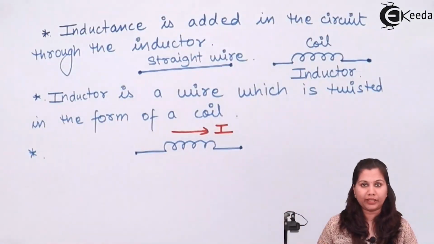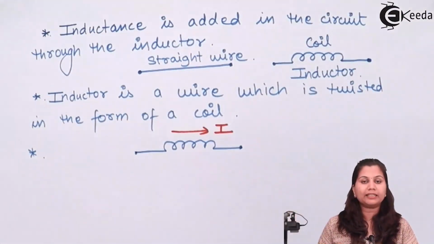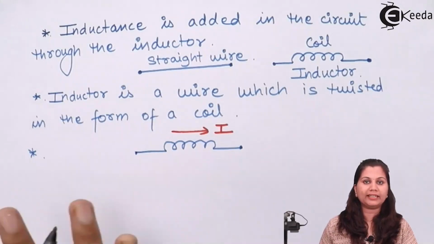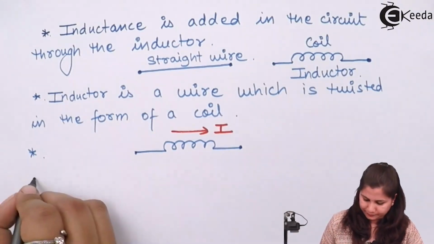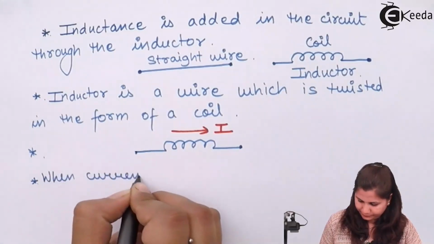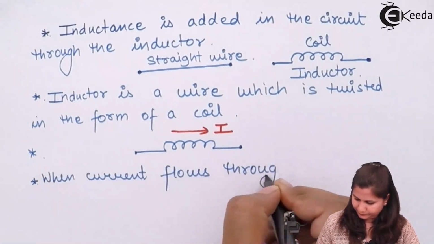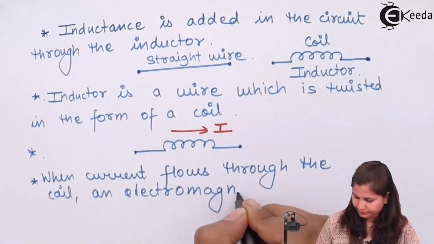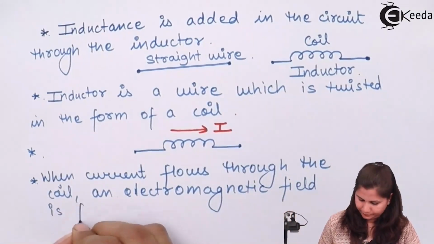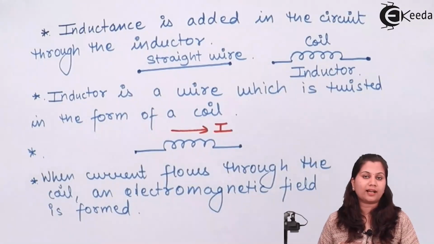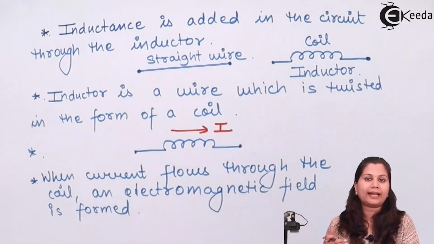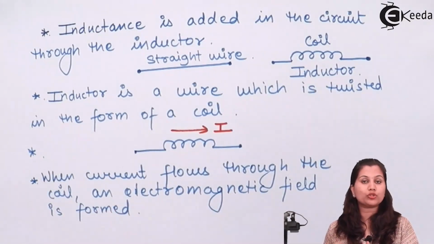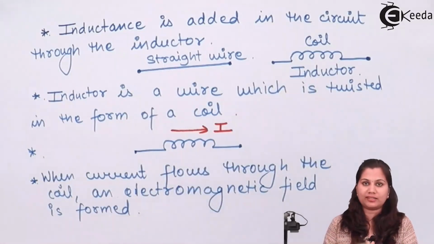When current I starts flowing through the inductor, a magnetic field is generated, and this magnetic field is going to induce an EMF in this coil. This electromagnetic field changes its direction whenever the current changes its direction.